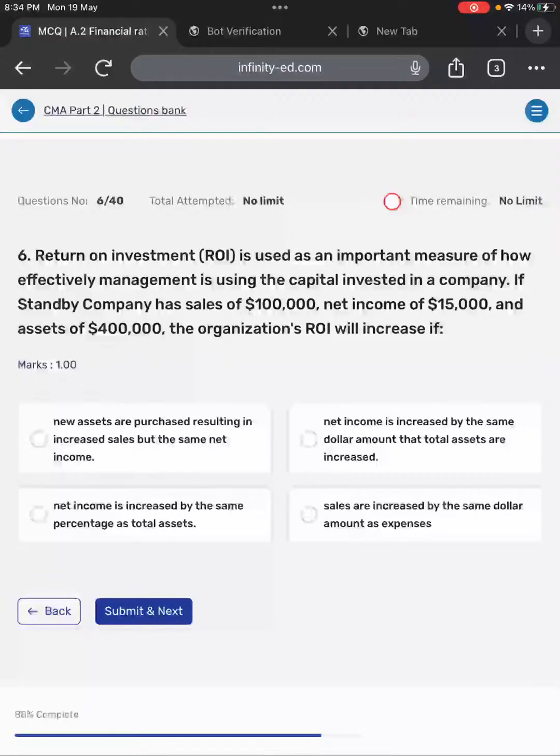Return on investment is used to measure how effectively management is using capital invested in the company. If the company has net income 8,000 and assets 4,000, what is the return on investment if new assets are purchased resulting in increased sales but the same net income?